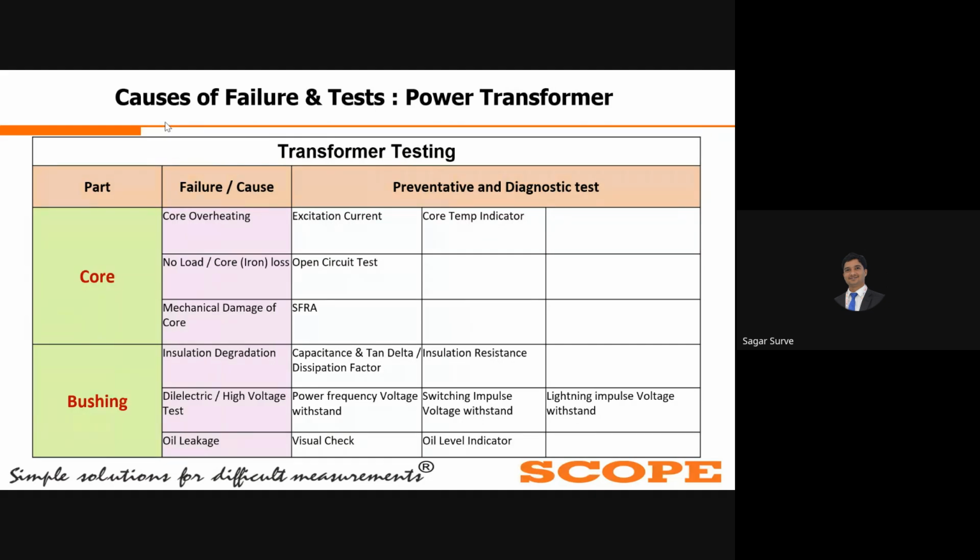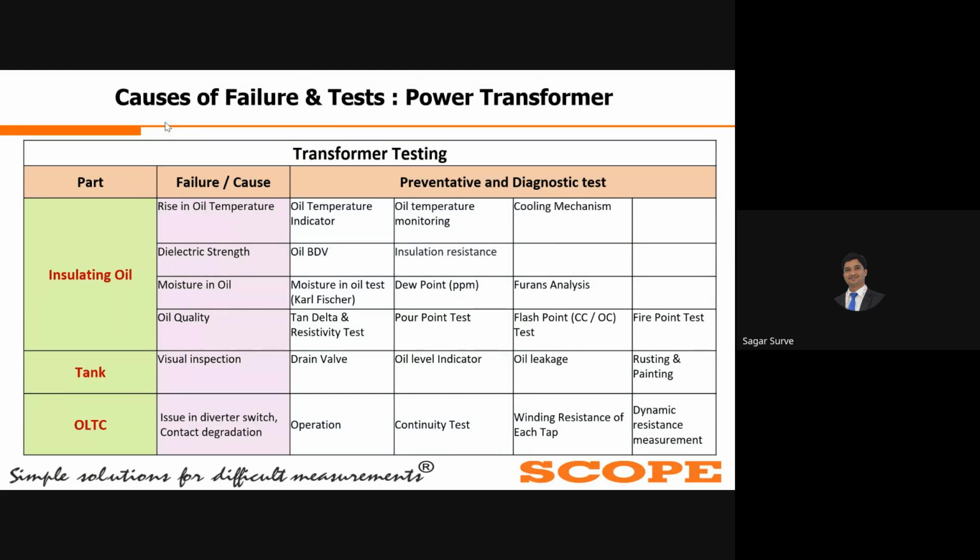If there is any type of degradation in the insulation, then we can check with the insulation resistance or capacitance and tan delta. Or oil leakage, many times we can observe oil leakage from the transformer bushings. The visual check or oil level indicator of the transformer or the bushing can give an idea about the oil leakage inside the transformer bushing.